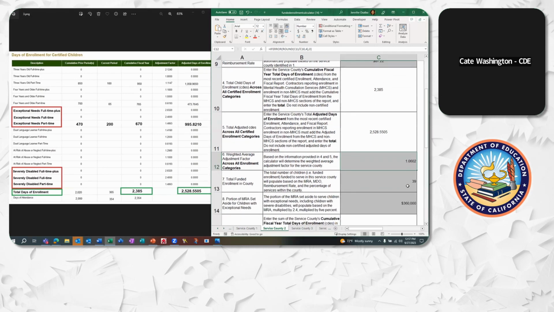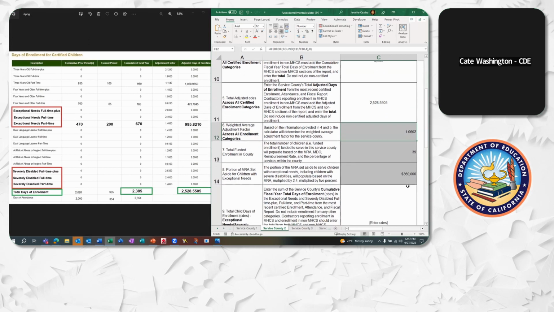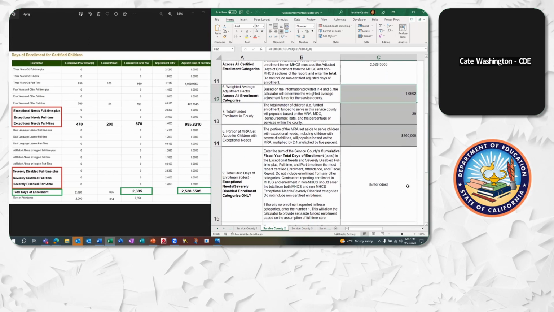Moving through the same steps as before to determine the funded enrollment associated with the set-aside specific to this county. In this county, our example has the agency reporting in only one exceptional needs and severely disabled category, the exceptional needs part-time. So we can take the numbers from there, 670 cumulative total days of enrollment and 995.821 adjusted days of enrollment.